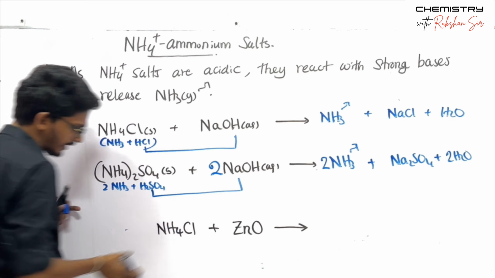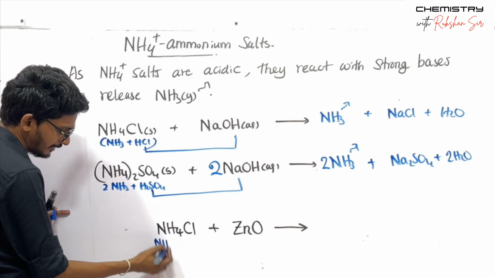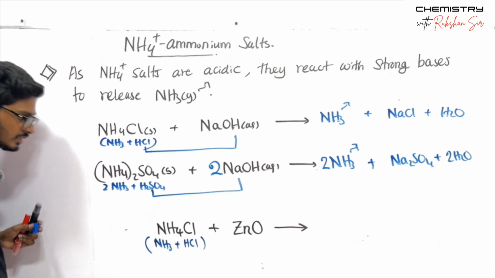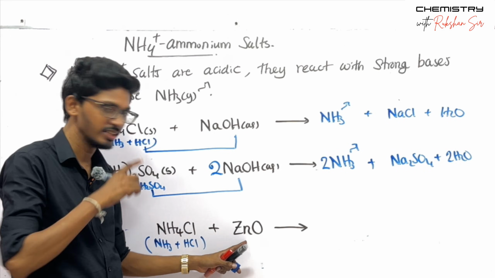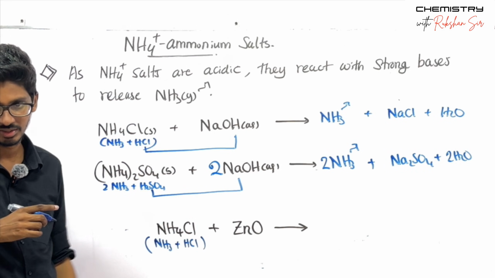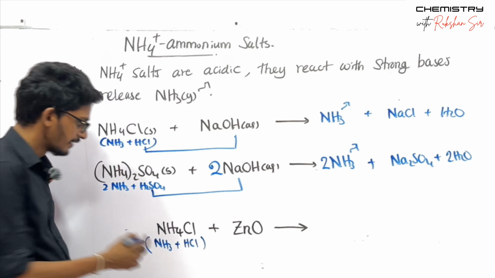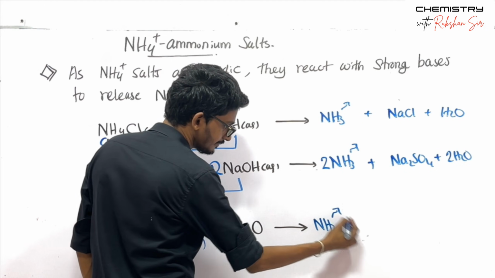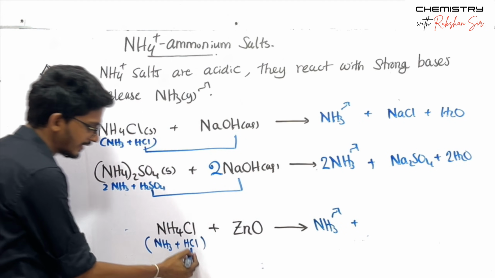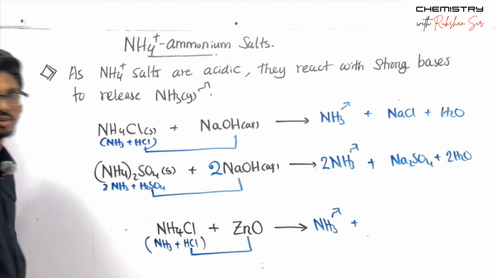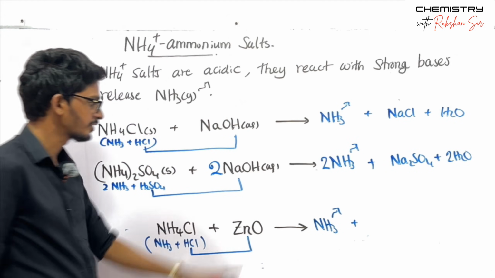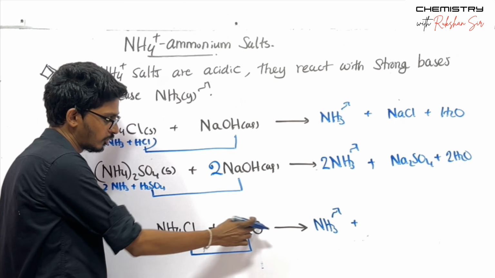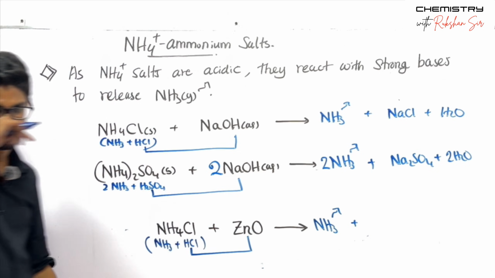As metal oxides are bases, those will react with ammonium salts. So how to come up with the products? First the NH3 will be released. Then HCl will react with the zinc oxide. It is an ion exchange: H plus, Cl minus, zinc 2 plus, O2 minus. Acid base reactions are ion exchanges.